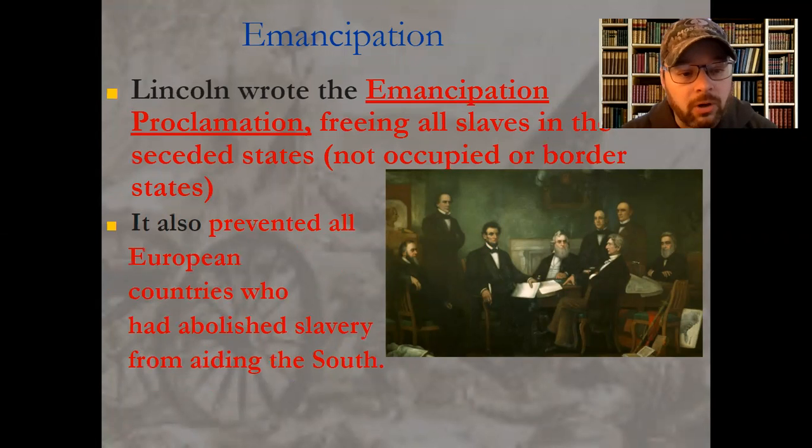It also prevented all European countries who had abolished slavery from aiding the South. Okay, so this was a huge political move. What Lincoln did was he made the war about a moral issue. Instead of just preserving the Union, it was about abolishing slavery. So countries such as England and France were definitely not going to back the South because once it became a moral or ethical issue, they wanted to stay out of it for sure.